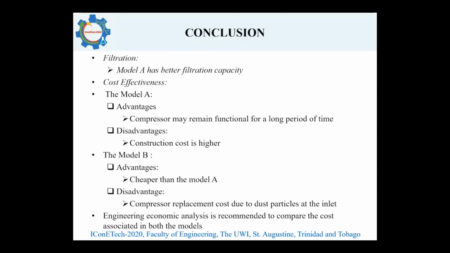But if you're looking at the cost, we haven't done the engineering cost analysis, but from our understanding, the compressor cost might not be as much as the construction cost associated with Model A. If a particular company really wants to decide between the two models, then they definitely have to do the engineering economic analysis to compare the maintenance cost of the sprayer versus the replacement of the compressor.